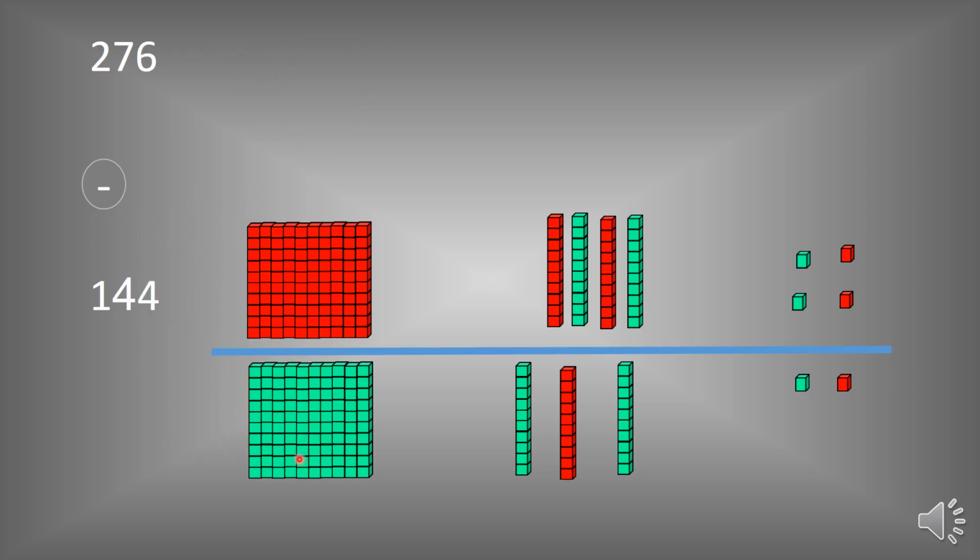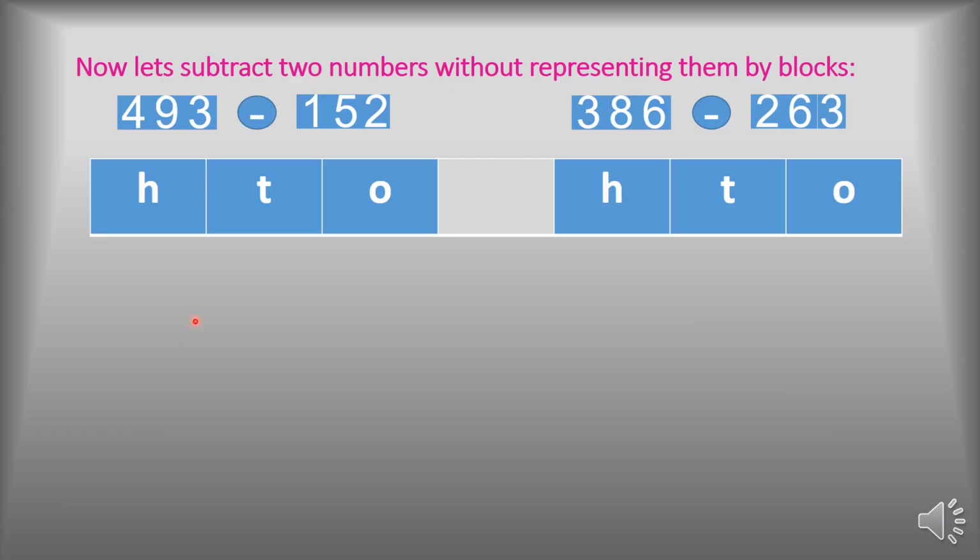Then I can now find the answer of the left bread in the store, which is 132. Okay, now let's move and solve or subtract two numbers without representing them by blocks.